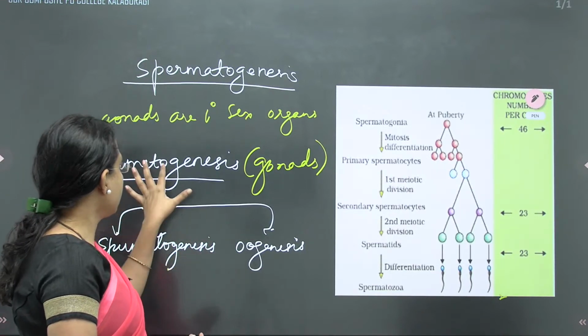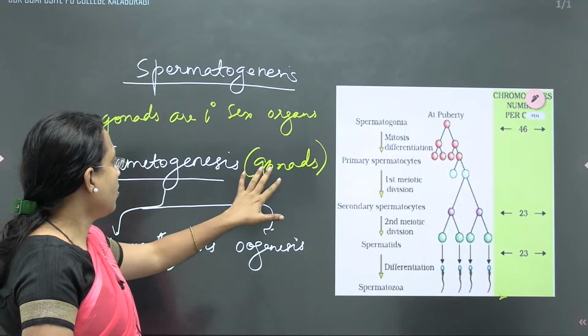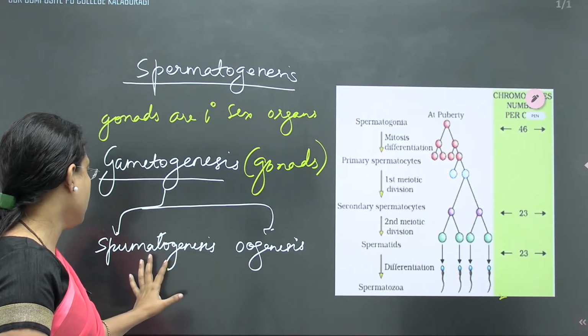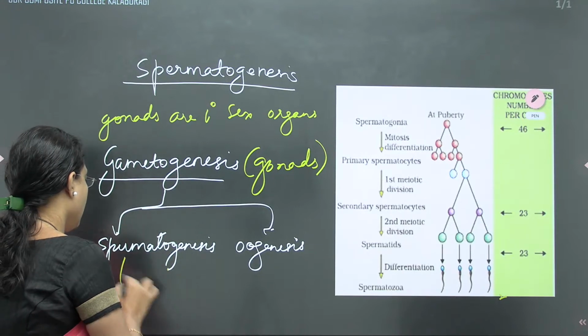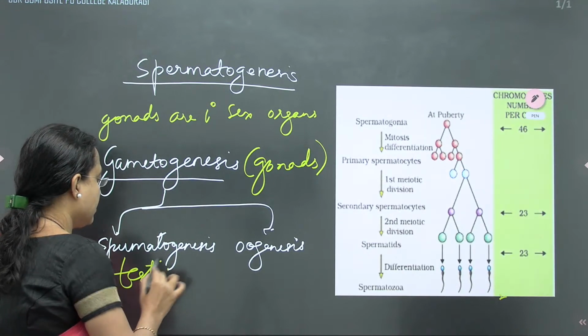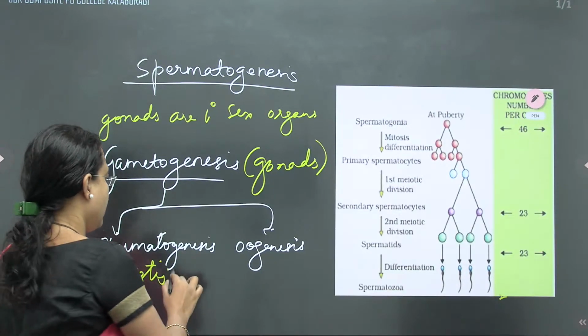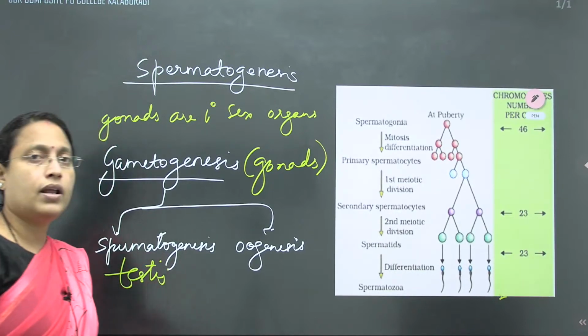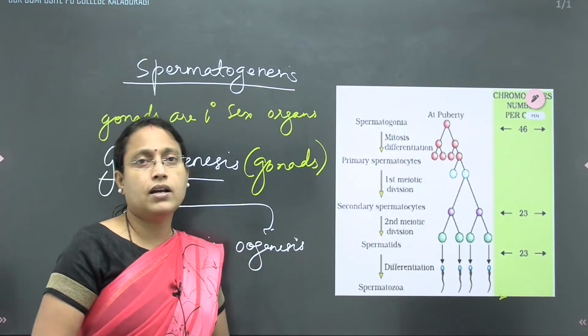Now, spermatogenesis is a type of gametogenesis. What is the gonad in which spermatogenesis occurs? It will be the testis. So, testis is a gonad. It is an example of a gonad. And where does oogenesis occur?